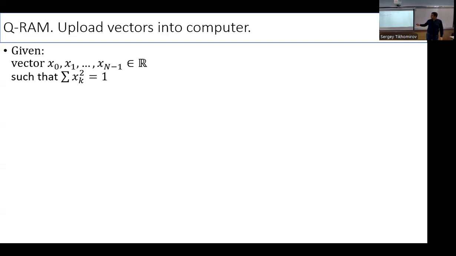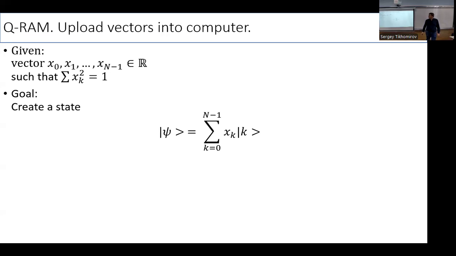And such that the sum of their squares is equal to 1. Then our goal is to create in the quantum computer the state sum of x_k |k>. So we create a vector with those coordinates. This is our goal.